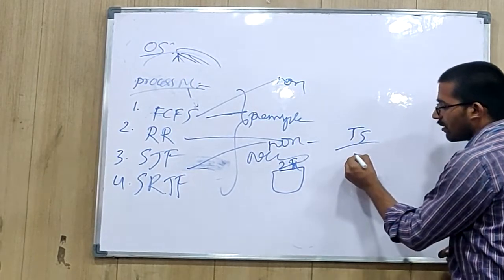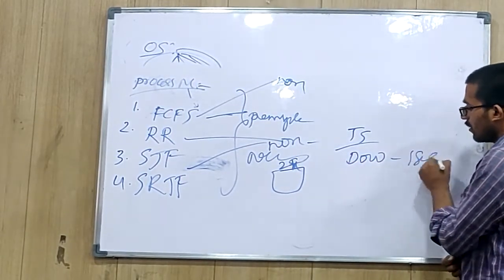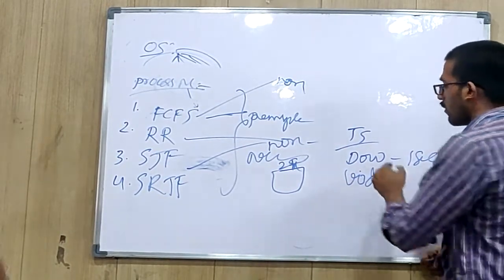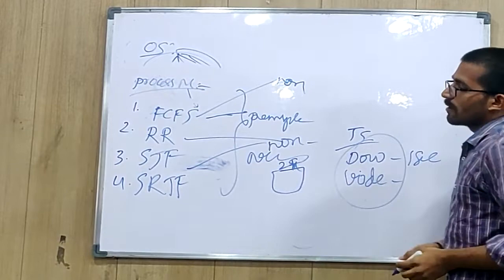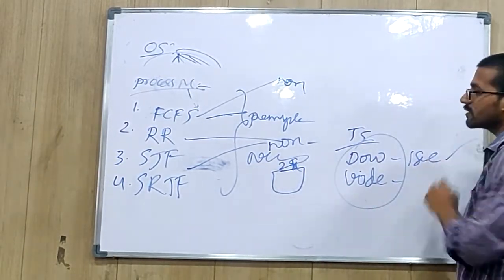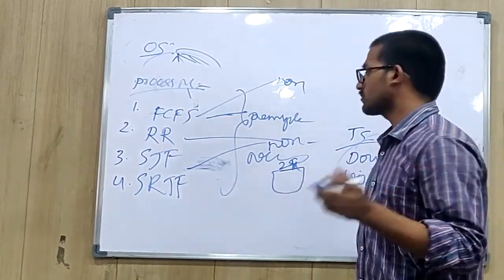For example, I want to download an image, it will take 1 second. I want to download a video, it will take 2 seconds. The OS executes the image download first. Why? Because it is shortest job first. If you want to connect to real time, you have to understand.